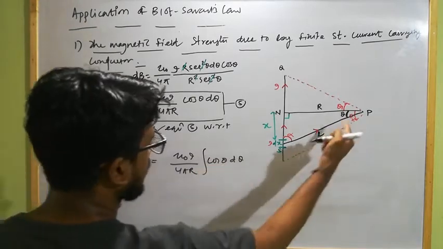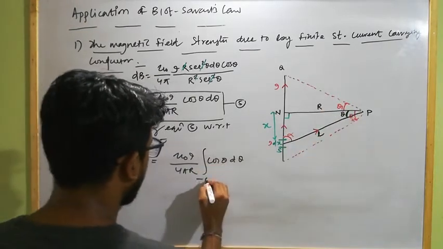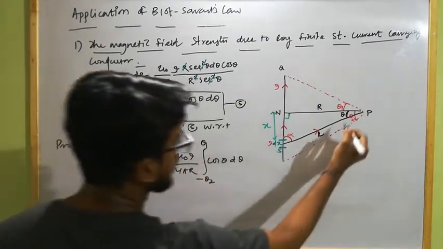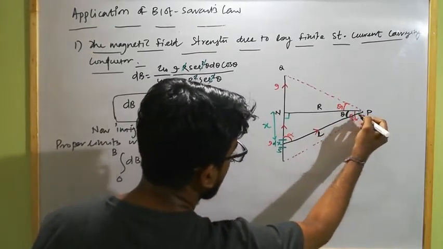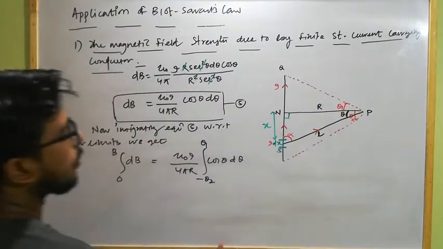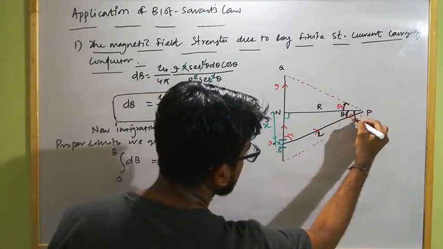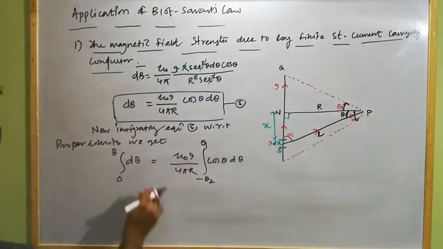The limit varies from theta 2 to theta 1, so this will be minus theta 2 to theta 1. This minus symbol is because this angle is measured anti-clockwise and this angle is measured clockwise, like this. That's why the negative sign comes here.